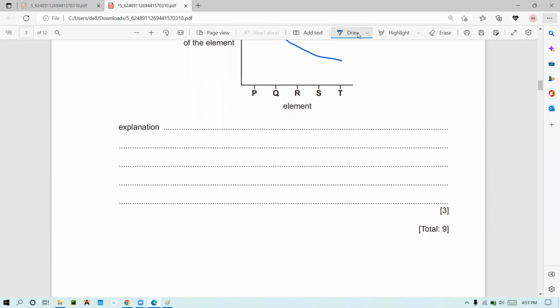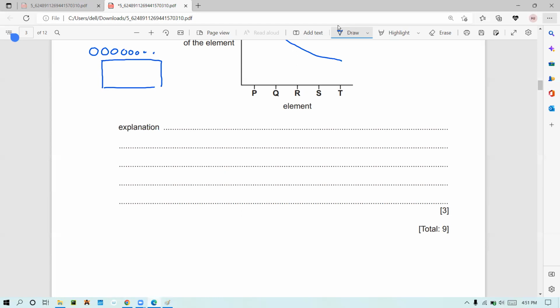Before going into that, I'll just remind you, when you go across a period in the periodic table, the size of particles, atoms, decreases. First, we have to remember this fact, and afterwards we can go for explanations.